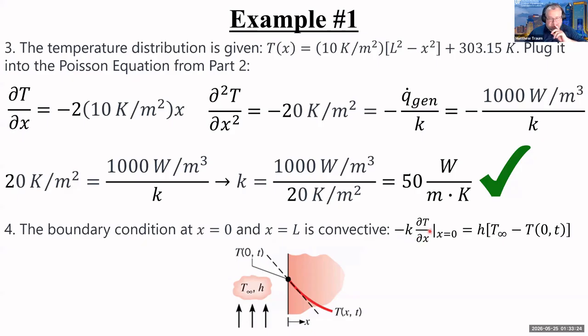What this should say is that minus k dT/dx at x equals L, or minus L, they're the same, is equal to h times (T infinity minus T of L or minus L), where T is also a function of x. A little mix up there with the notation, but basically the conduction is equal to the convection at the boundary where x equals L.